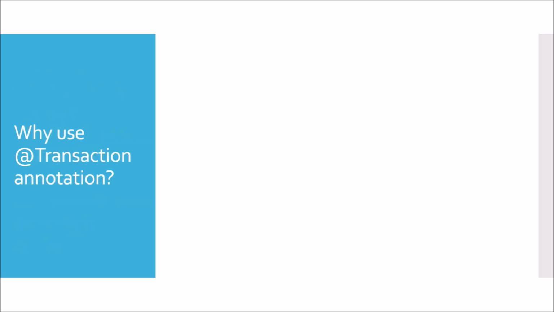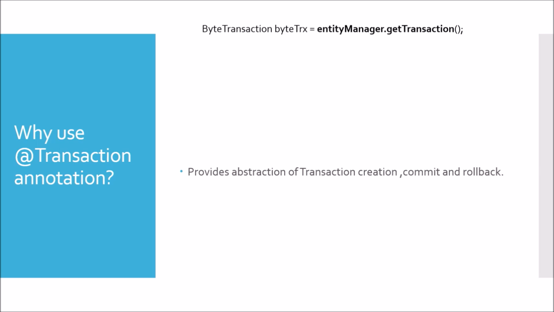Why use the @Transactional annotation? Now this question will test how much you know about annotations. So @Transactional provides abstraction of transaction creation, commit, and rollback. To create a transaction, we do it like this: EntityTransaction trx equal to entityManager.getTransaction.